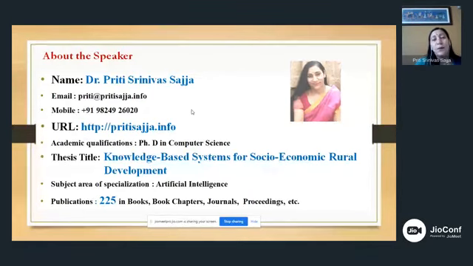That was the subject of my study. My main area is artificial intelligence. Most of my papers are in artificial intelligence and machine learning. Some papers are in data science, system analysis and design, and software engineering also. If you would like publication details, please visit my website, and if you would like to contact me, this is my email address, preeti@preetisajja.info.